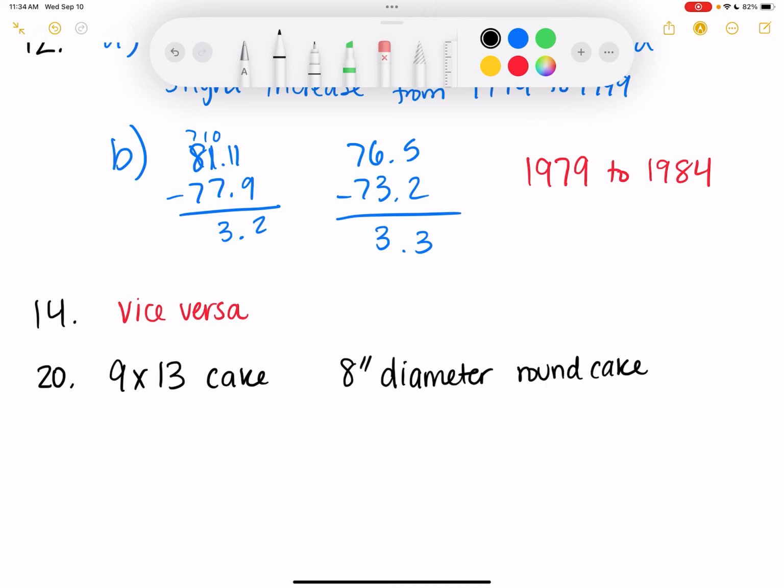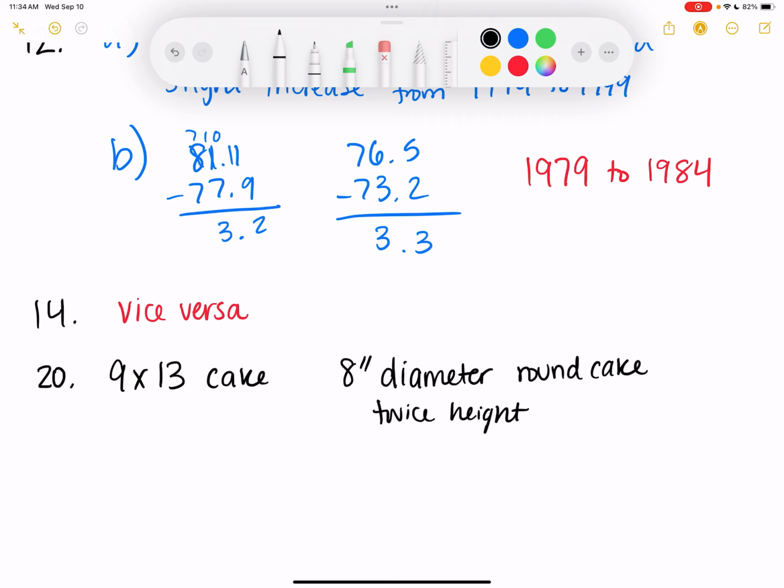If the round cake is twice the height of the rectangular cake, which option gives the most cake for the money? What do you think we might need to do to figure out which one's the better deal?